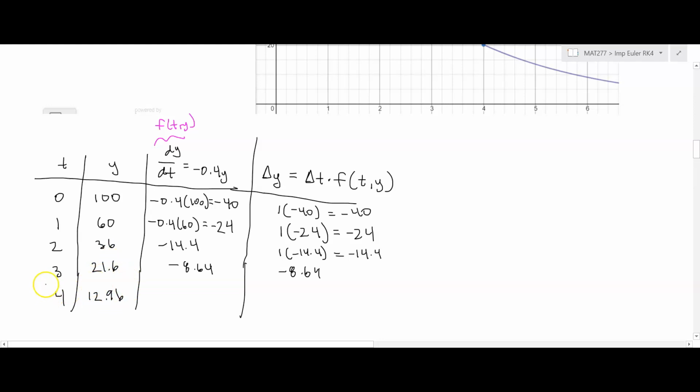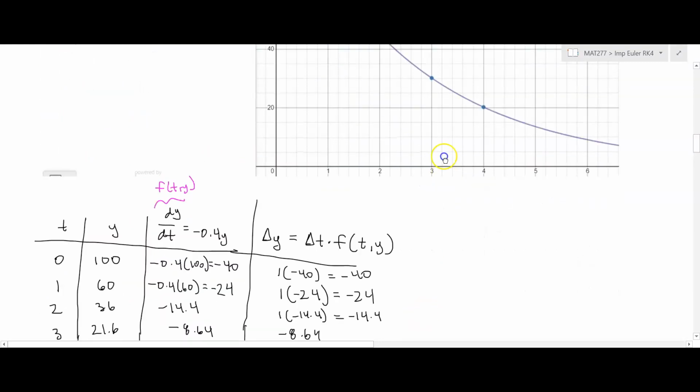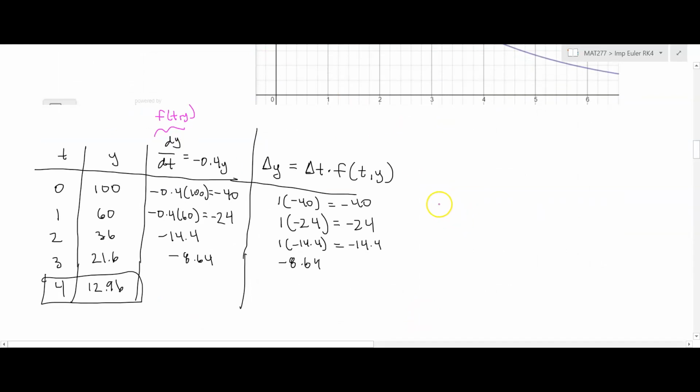Now, that value of 12.96 is not at all close to what we had expected of 20.19. So our relative error is quite large. The percent relative error is my estimated minus my exact, divided by my exact, multiplied by 100 to get it into a percent, and it comes out to negative 38.84%.